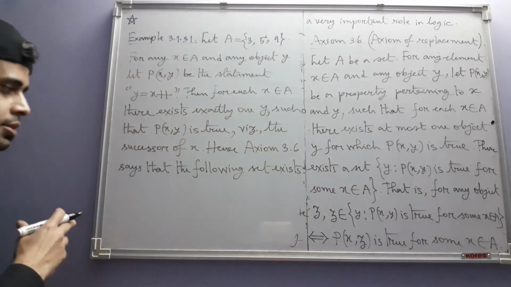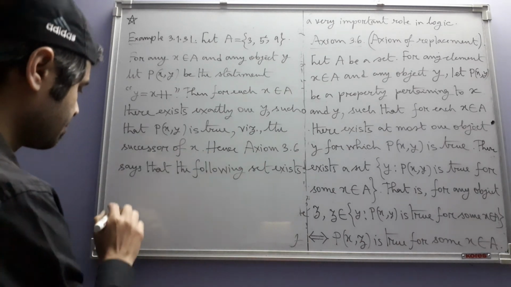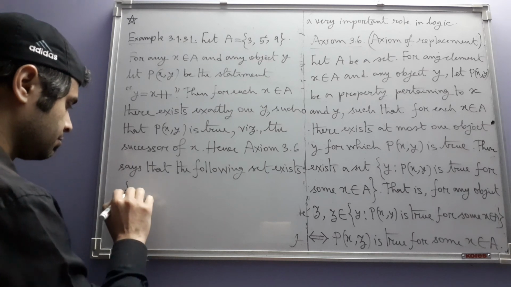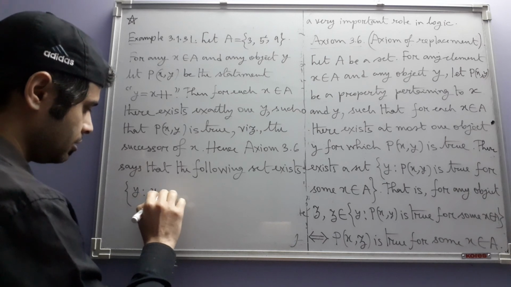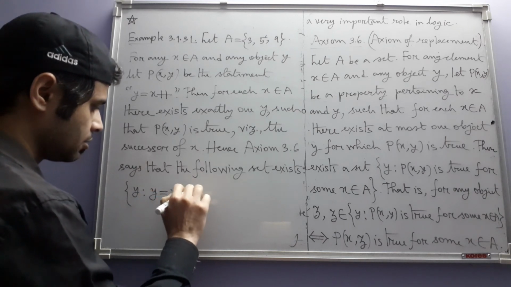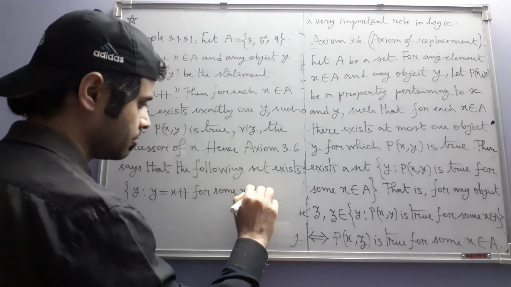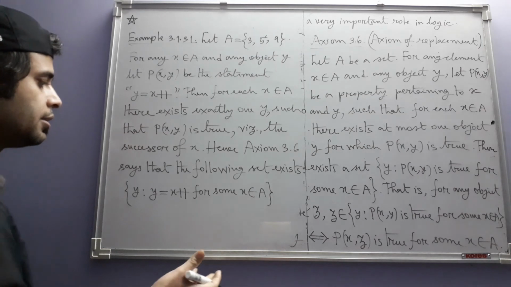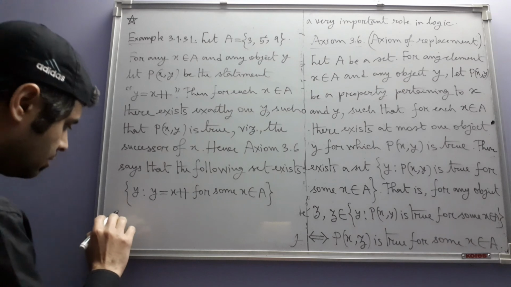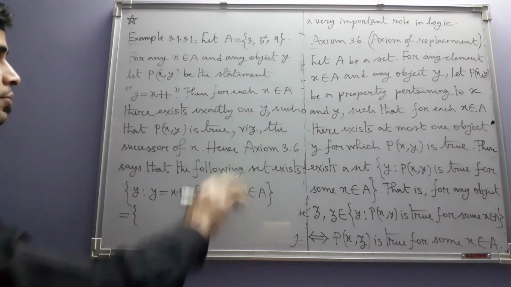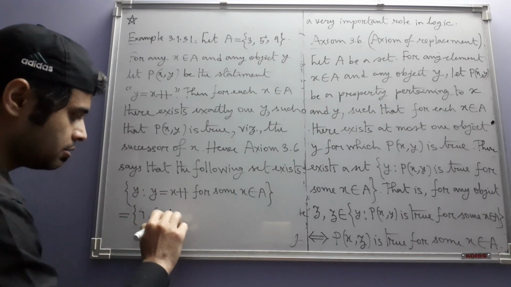Set exists means the collection that we are going to write is a set: Y such that y is equal to x++ for some x belonging to A. And we can clearly see that since we are talking about the successors of the elements of A, this set is nothing but the successor of 3 is 4, that of 5 is 6, and that of 9 is 10.